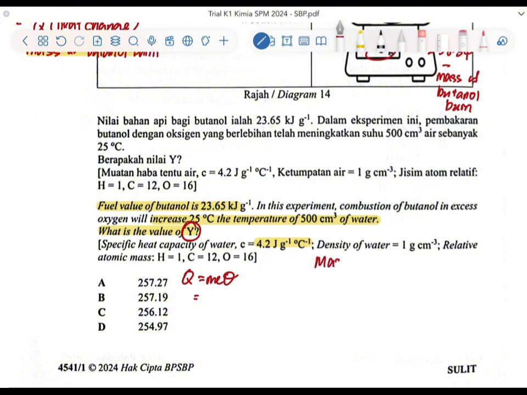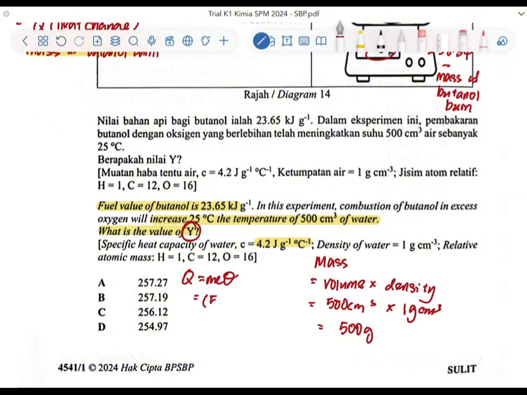Mass is equal to volume times density. So 500 cm cube times 1 gram per cm cube gives 500 grams for the mass of the water.